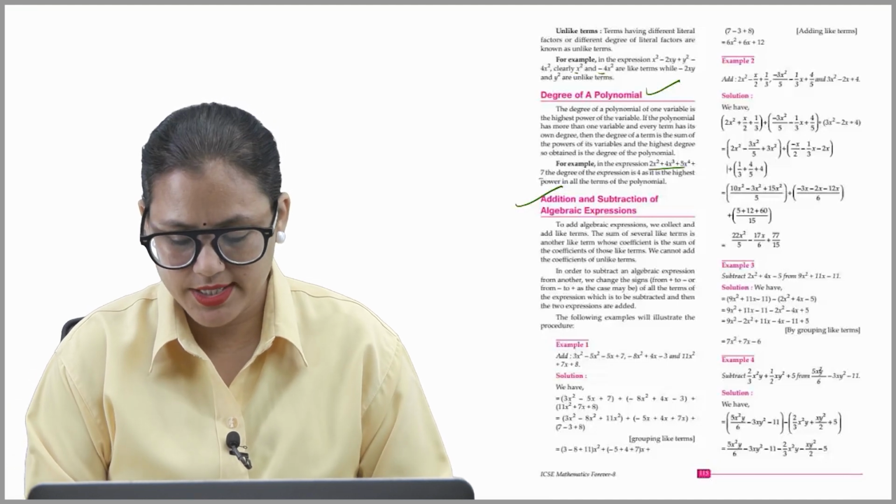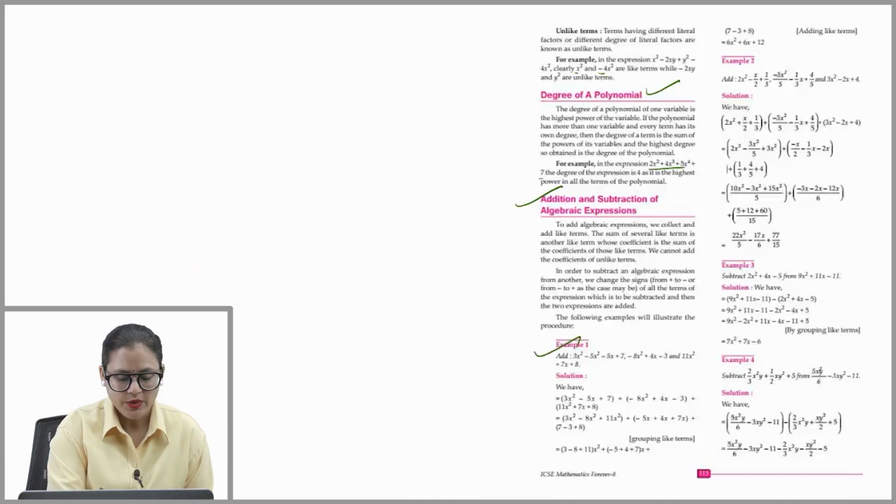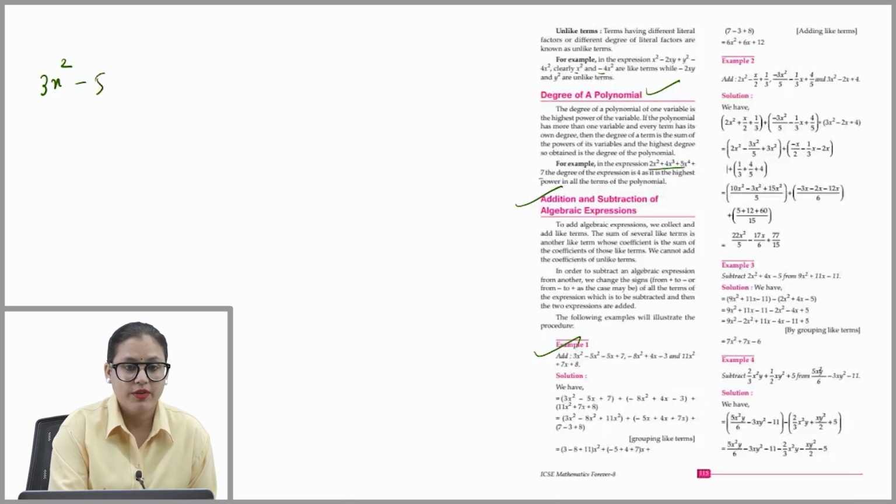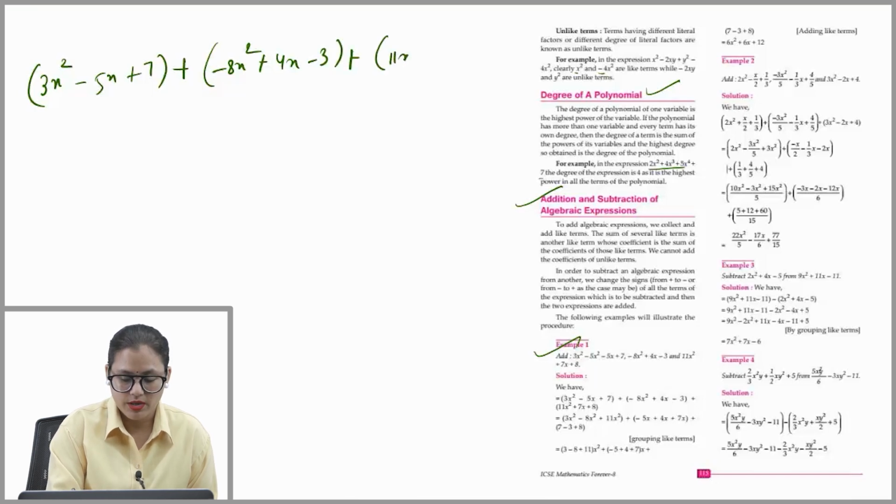So, we have to add these expressions. The expressions are (3x² − 5x + 7) + (−8x² + 4x − 3) + (11x² + 7x + 8).